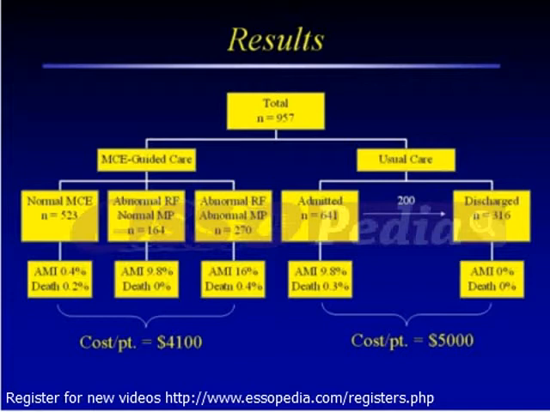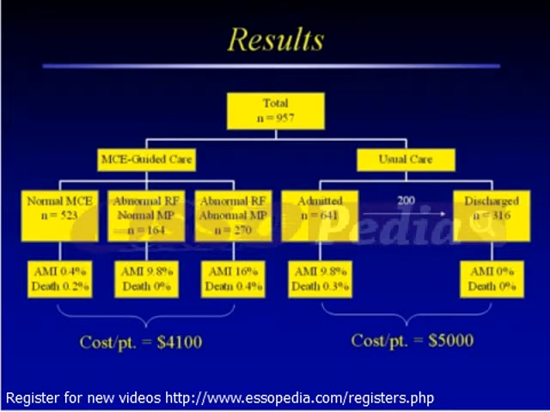On the left side of the screen, we have the results of myocardial contrast echo guided care. More than half of the patients had entirely normal myocardial contrast echo and could therefore have been theoretically discharged directly from the emergency department. However, that would have resulted in a slight miss rate of 0.4% of non-fatal myocardial infarction and 1 non-cardiac death.